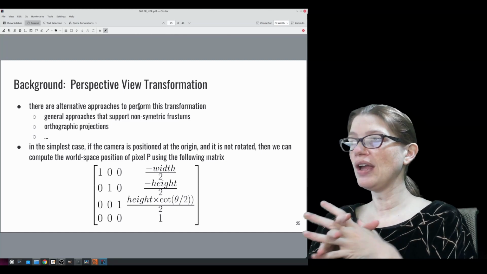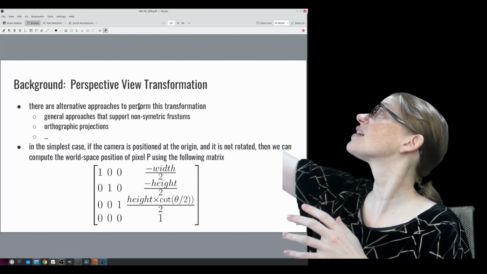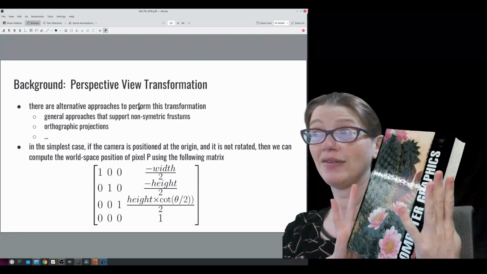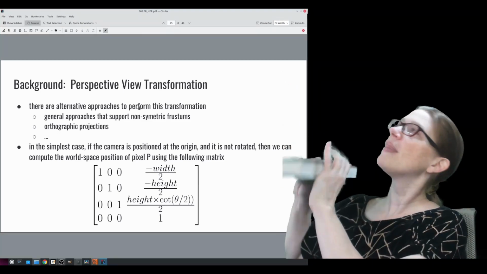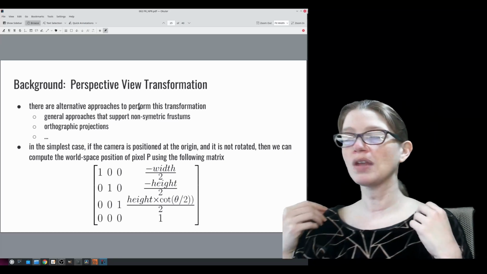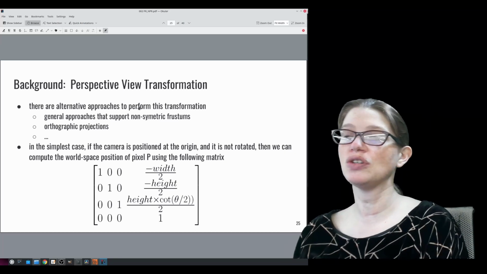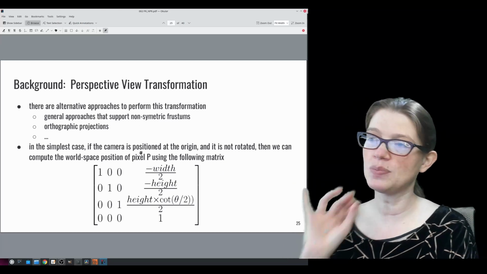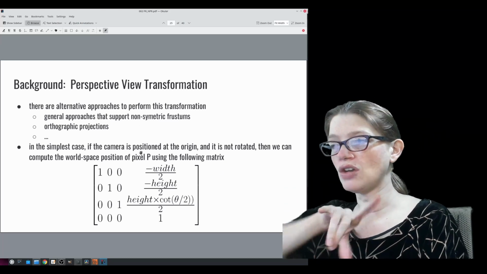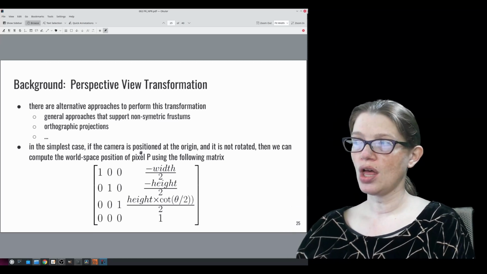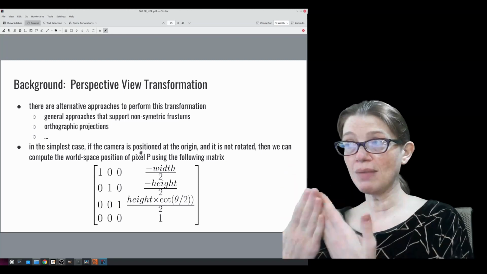And I'm sure if you look in your favorite graphics textbook, which this is my favorite graphics textbook, they will actually list all of the different view projection matrices that you could use. Another one that's very simple is if your camera is positioned at the origin and it's not rotated, then you've got an image plane.